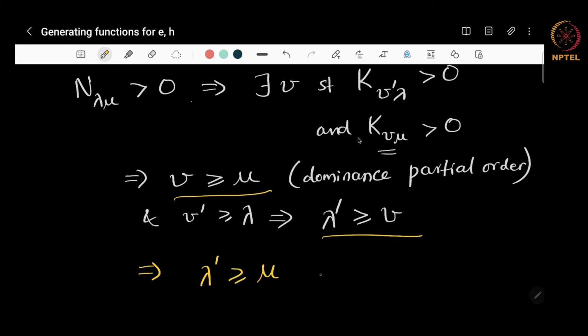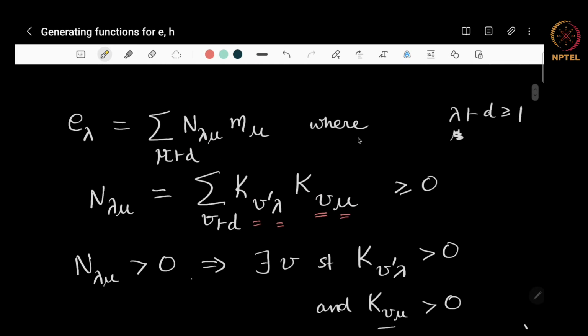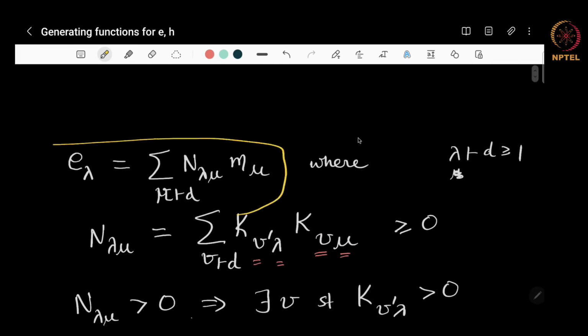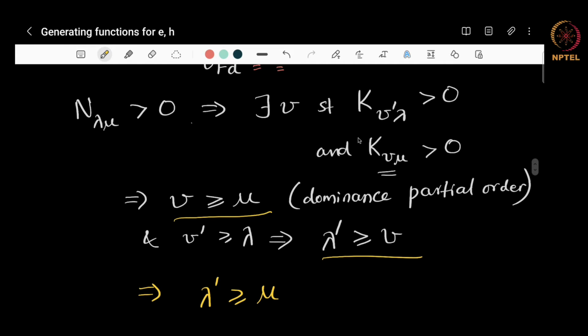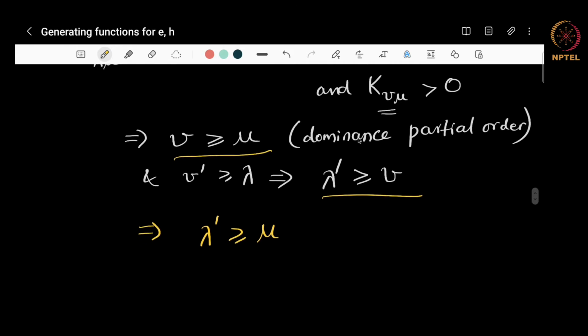So what does this mean? It says that if you attempt to expand E lambda as a linear combination of m mu's, then the only possible non-zero coefficients n lambda mu can occur if mu is less than or equal to lambda prime. So that's the condition here.